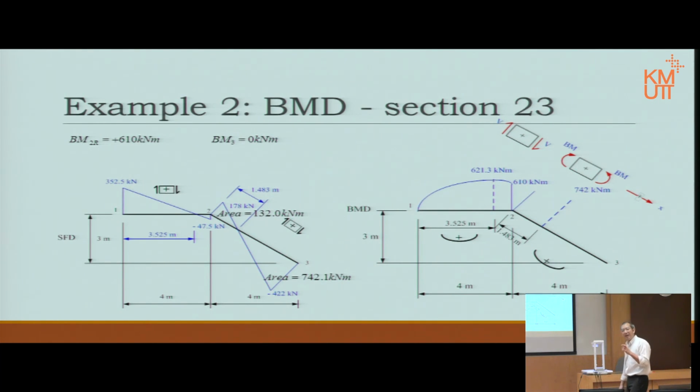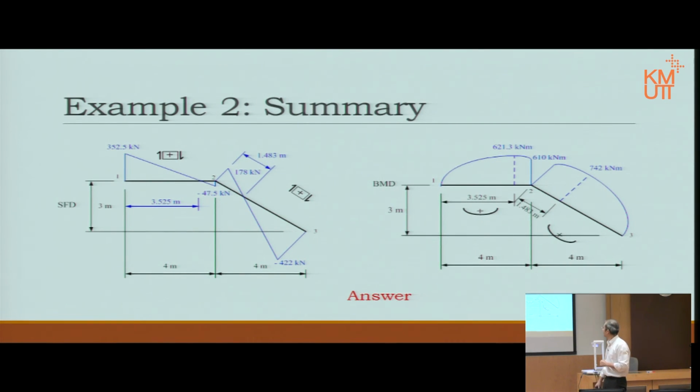It makes the bending moment value reduce. Therefore, it becomes like so, because it ends up at 0. And that is the answer. And that answer is the same as the other method, which is the equation.